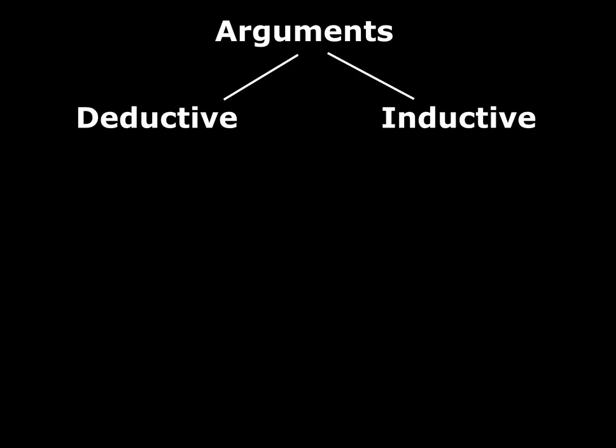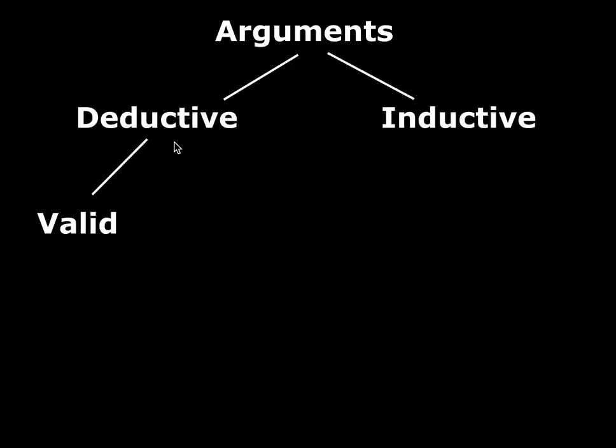Okay? And to summarize this in one little chart here, we've got arguments overall, split into two categories, deductive and inductive. This has to do with the degree of support that the premises are taken to provide the conclusion. Then we've got the first test, which is going to split both of these into two categories, passes the first test or fails the first test.